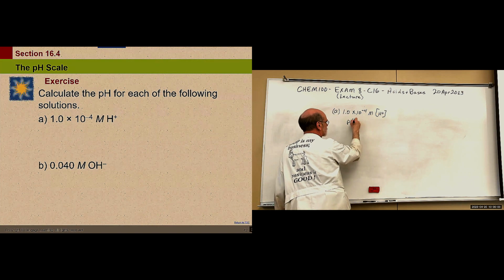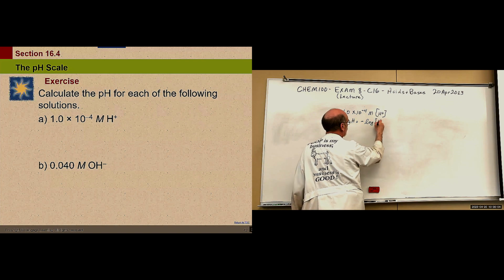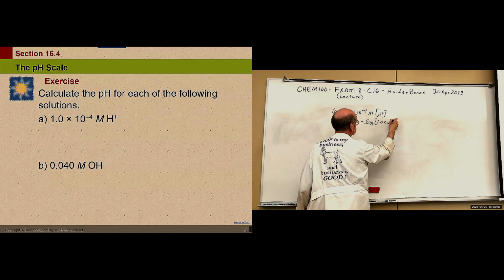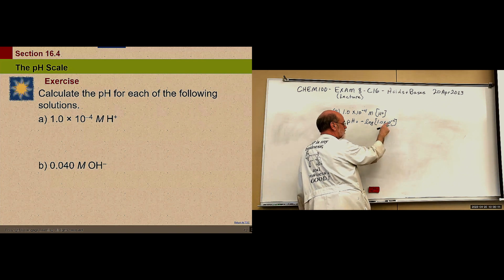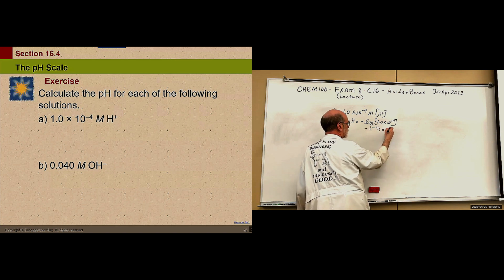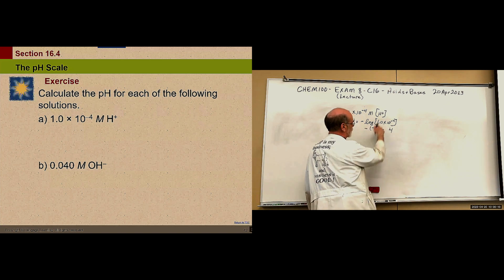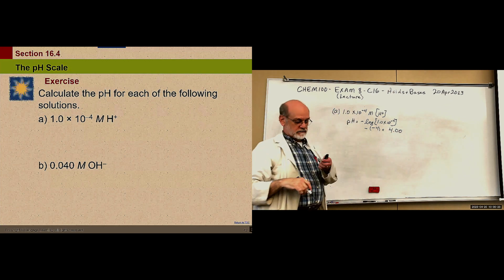So pH is equal to negative log of 1 times 10 to the minus 4. What's the power that gives you this value? Minus 4. So this is minus 4 times a minus equals 4. And we've got 2 significant figures, so it should be that. So that's the first one.